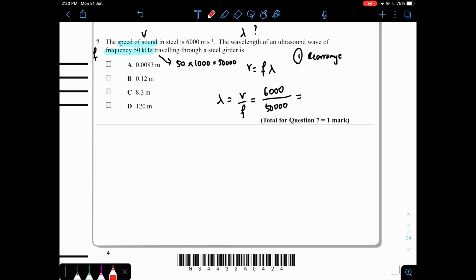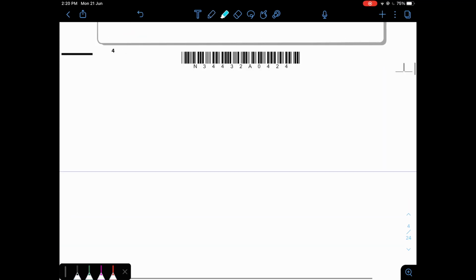You can put it in the calculator, or you can cancel the 3 zeros on the bottom and get 6 over 50, which is the same as 12 over 100. We just multiply both sides by 2 to make it simple, and 12 over 100 is 0.12 meters. So the answer is B, 0.12 meters.